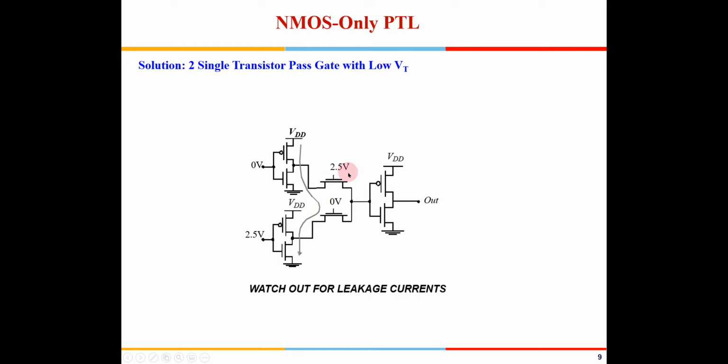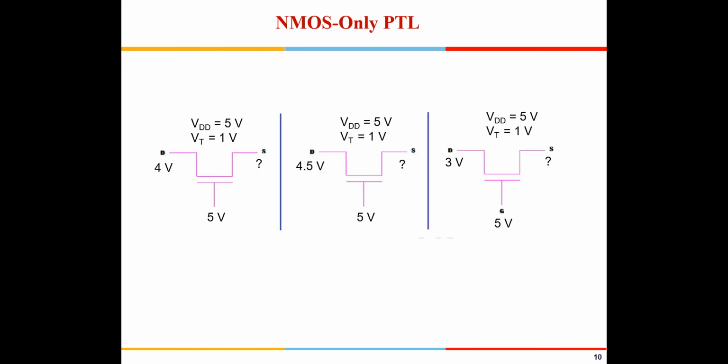When you have inputs coming from other circuits, low VTN will increase static leakage. So you have to be careful with using low VTs also. Every circuit has its own advantages and disadvantages. You should be aware of the pros and cons of each design. Now let us try and understand what happens in these particular configurations.